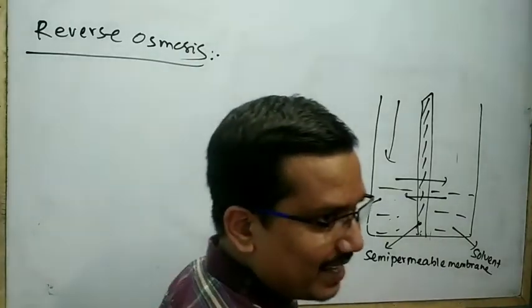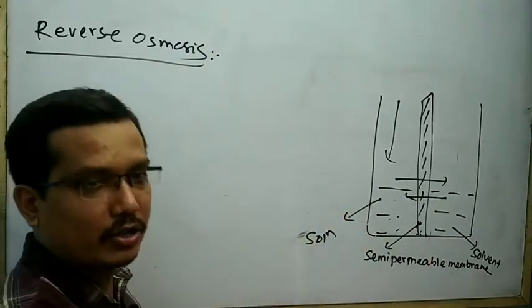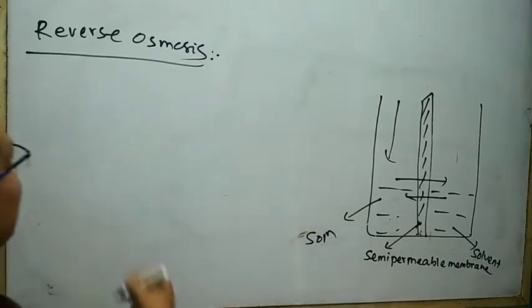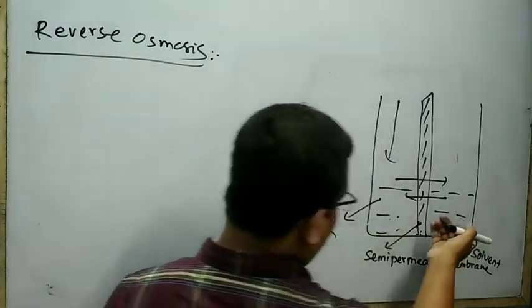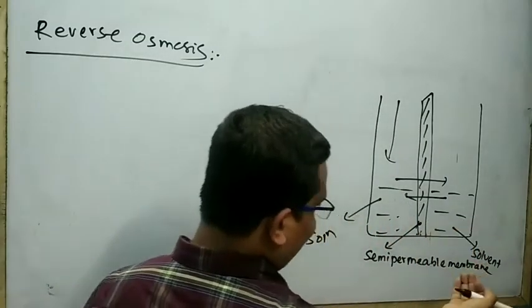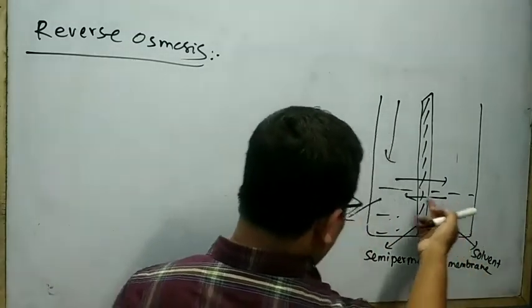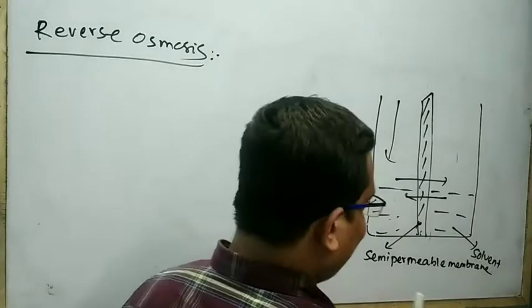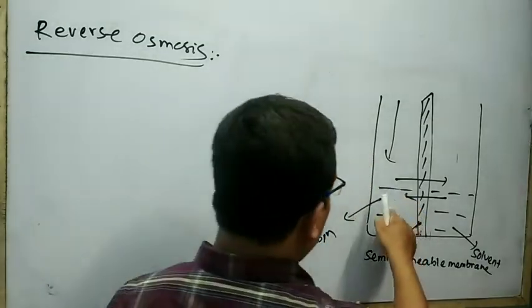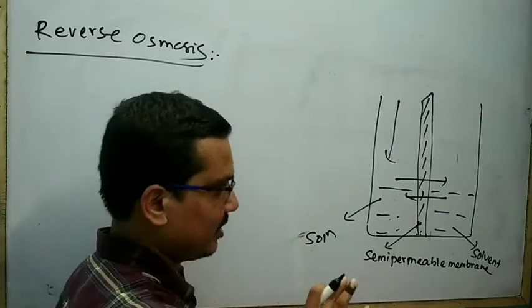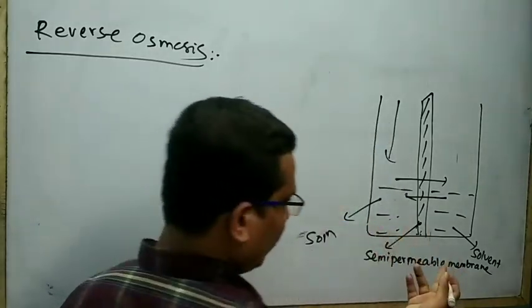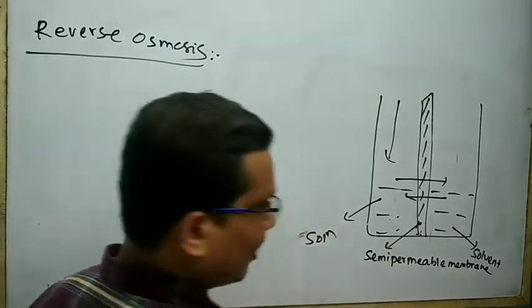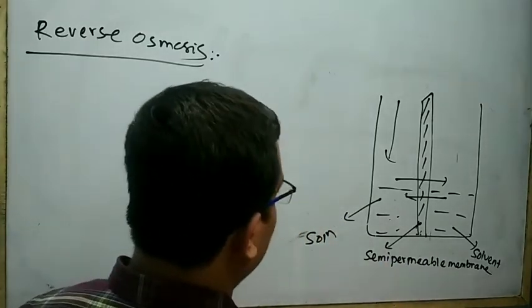This process is the reverse of osmosis, so it is called reverse osmosis. When the solvent molecules flow spontaneously from the solvent side to the solution side, a pressure is created on the solution side which stops the spontaneous flow. This pressure is called osmotic pressure.